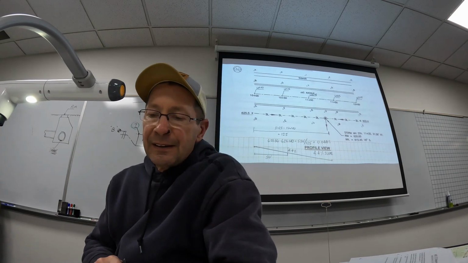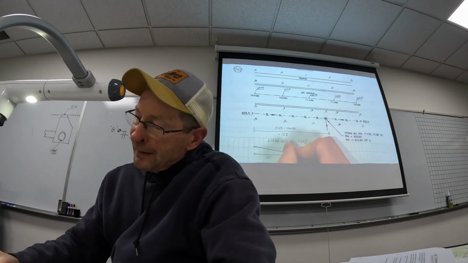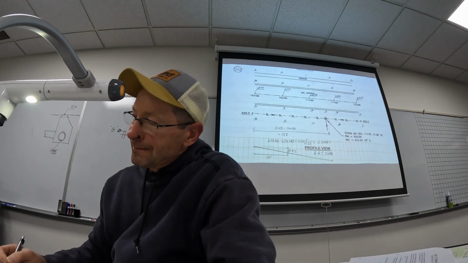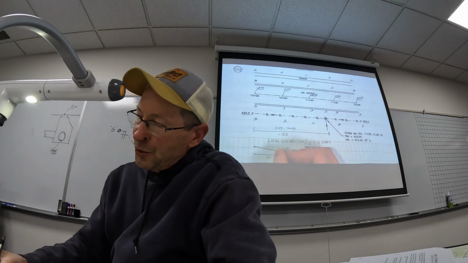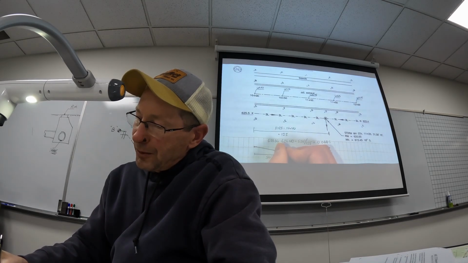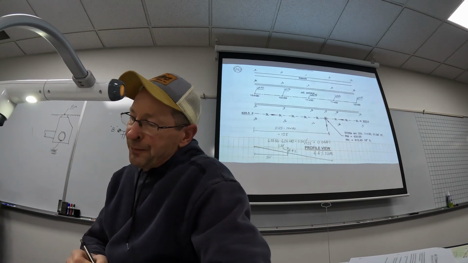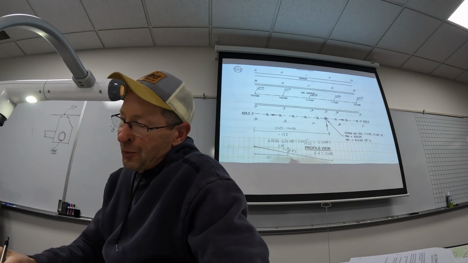What do you get? 2.2. Everybody get 2.2? Sorry, my math is a little sloppy here, but 2.2 feet. So 2.2 feet every 50 feet. So obviously in the next 50 feet, it does it again, right?